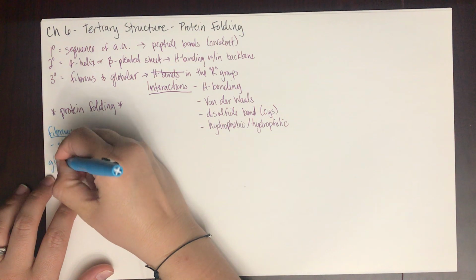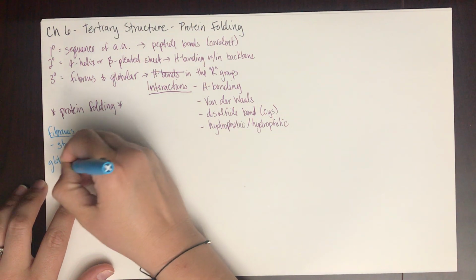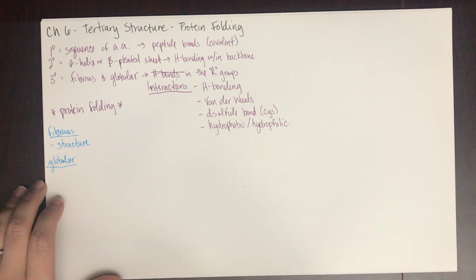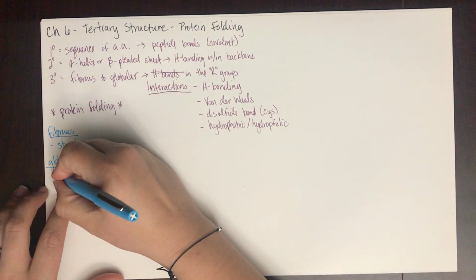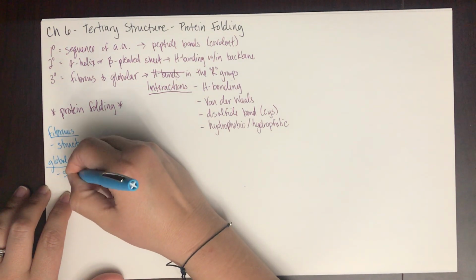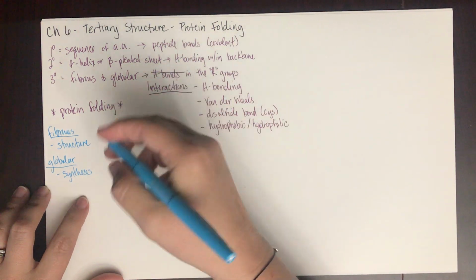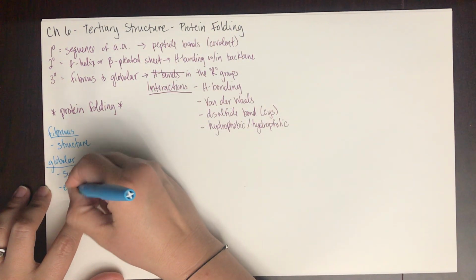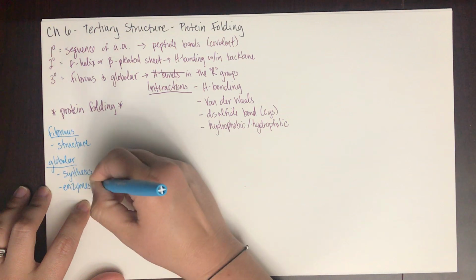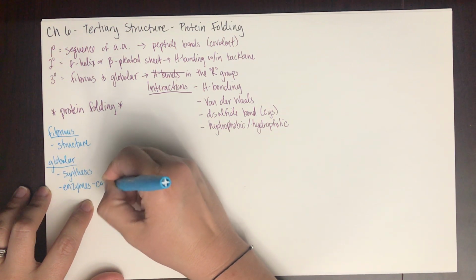When we're looking at globular proteins, which we haven't talked about yet, we'll talk about next. They carry out most of the chemical work in the cell. They're involved in synthesis. Globular proteins include enzymes. Enzymes are catalyzing reactions.